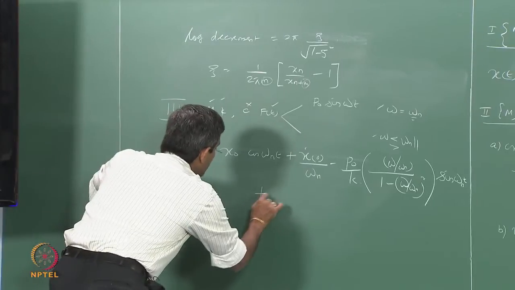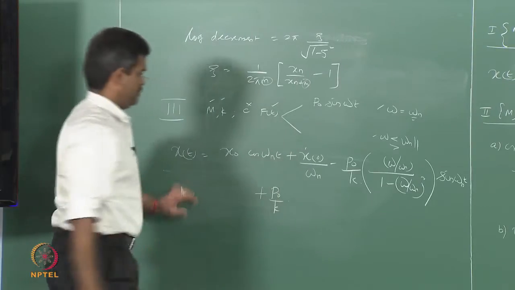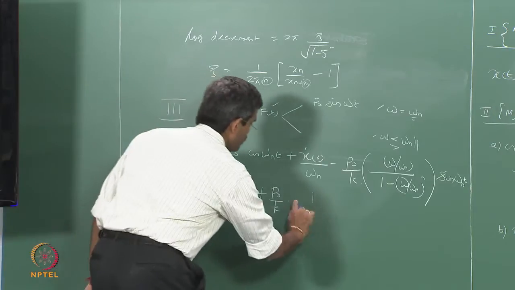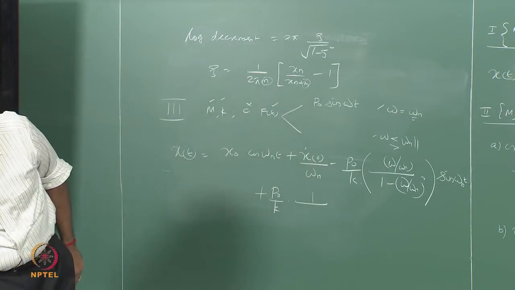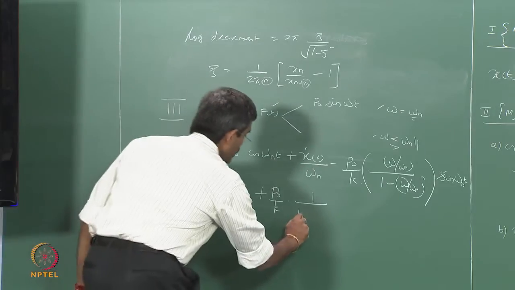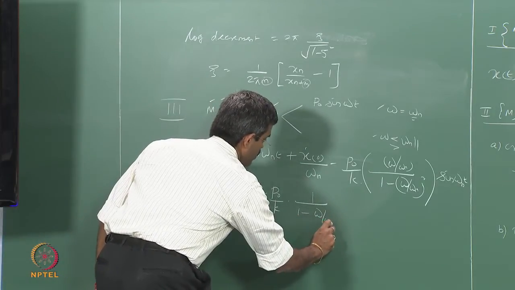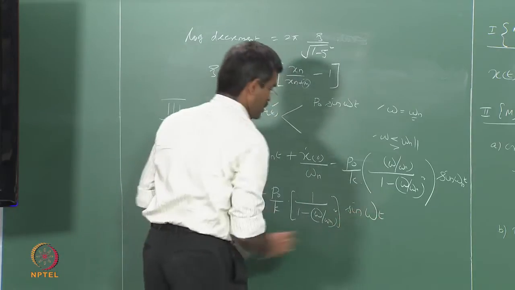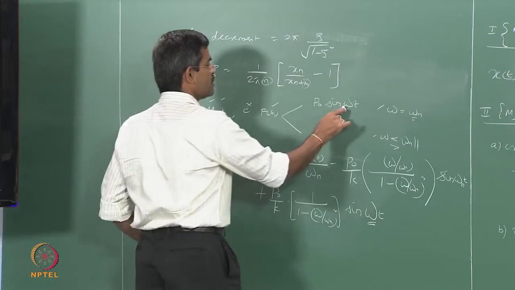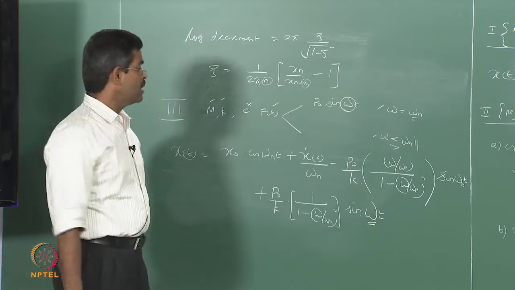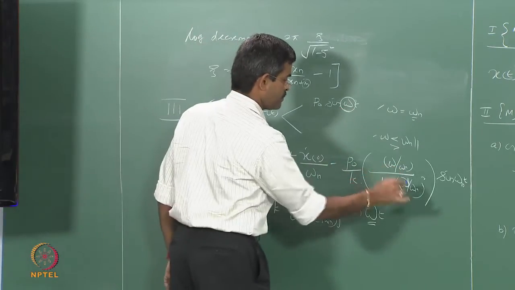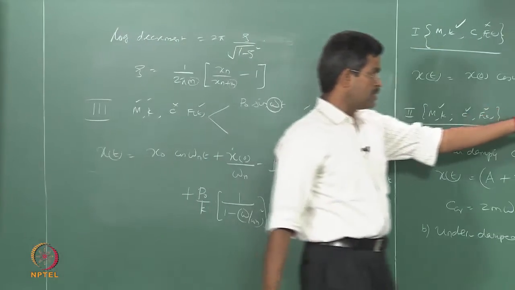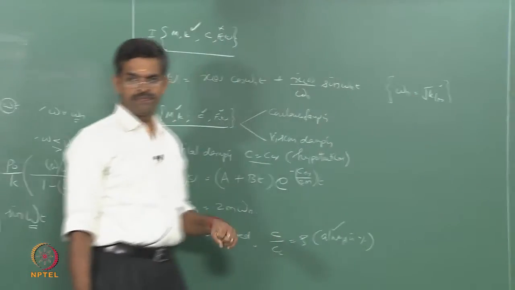plus p0 by k times 1 by 1 minus omega by omega n the whole square, of sin omega t. Now, this omega is the forcing function frequency, and this omega n is the natural frequency of the system, given by this equation for a single degree of freedom system.